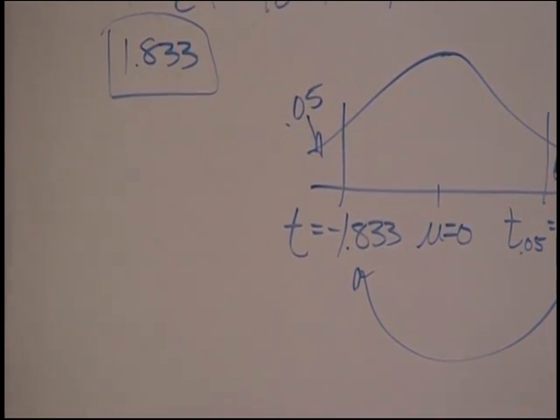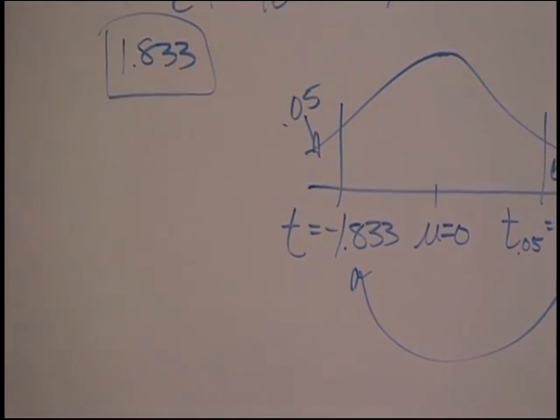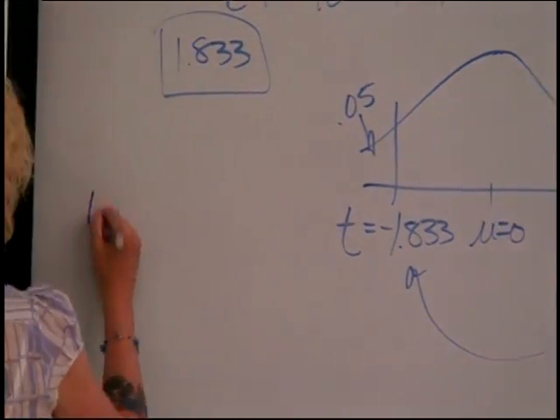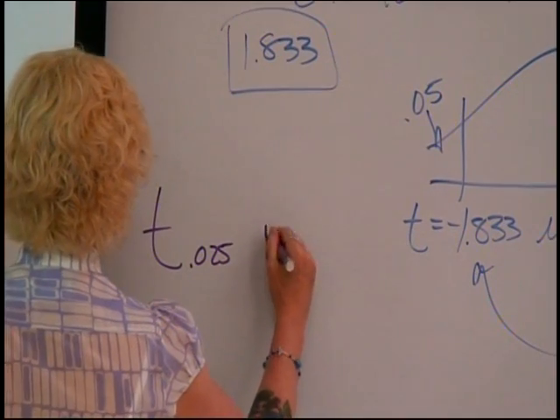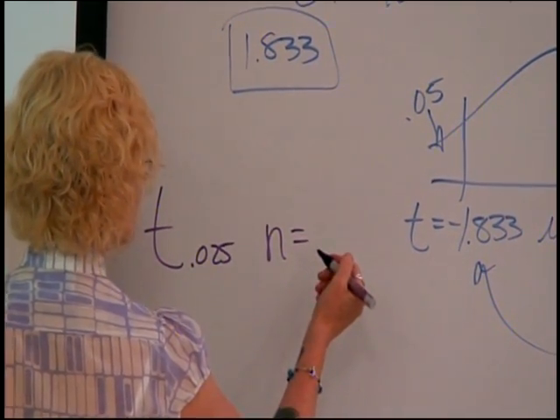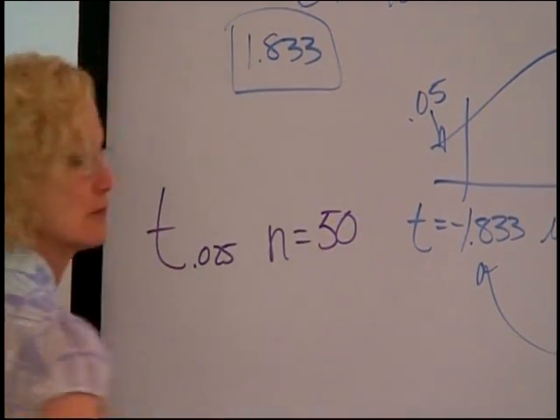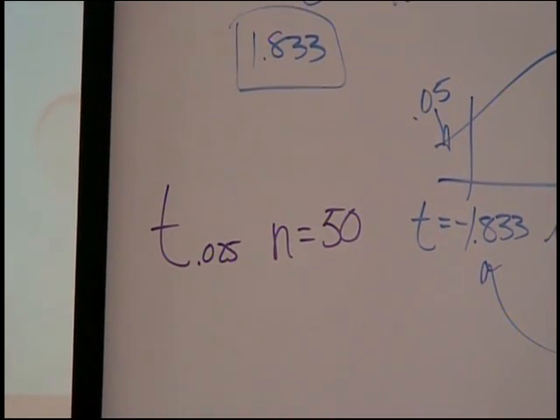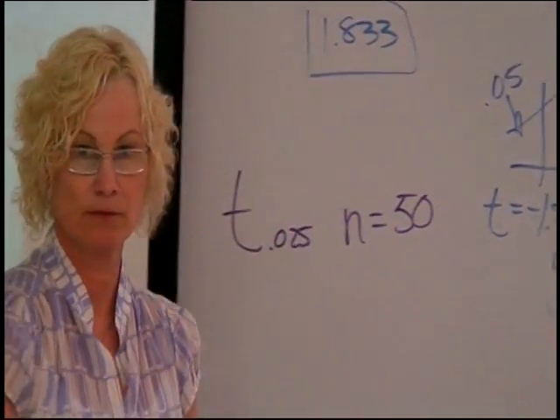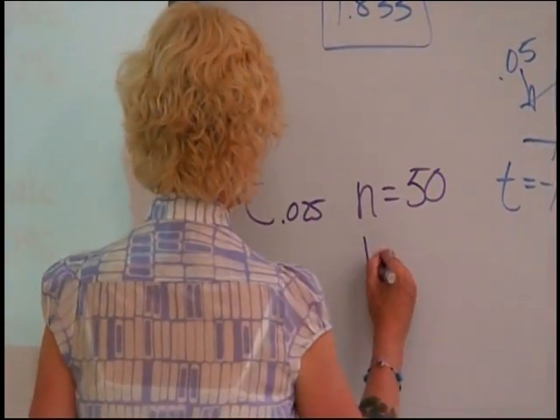Okay, how about, let's find T of 0.025 with a sample size of 50. What's your degrees of freedom? 49.